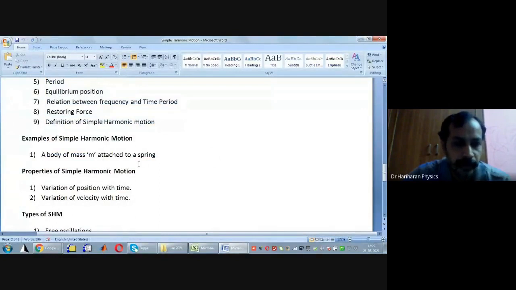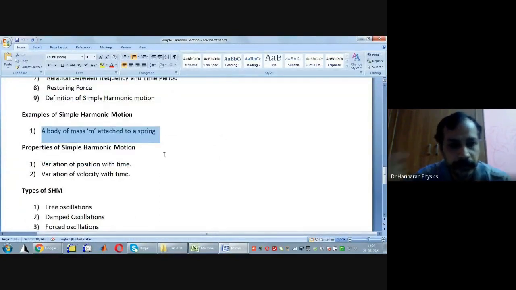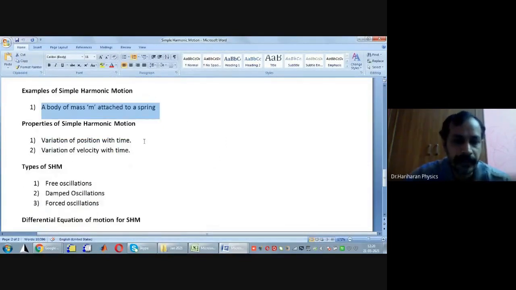One in which a body is attached to a spring, and the second one is a simple pendulum. In either of these cases, we will see the properties of simple harmonic motion.